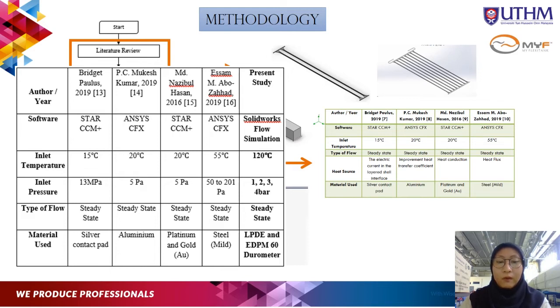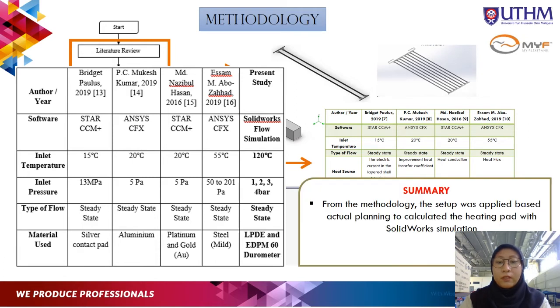The type of flow is steady state, and the material used is LDPE and EPDM 60 durometer rubber. So for the summary from the methodology, the setup was applied based on the actual planning to calculate the heating pad with the SolidWorks simulation.